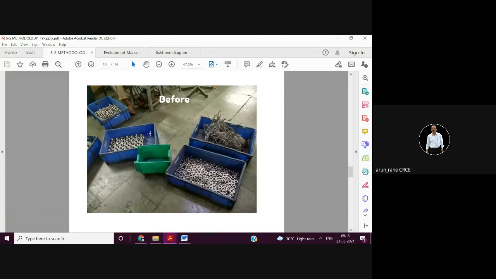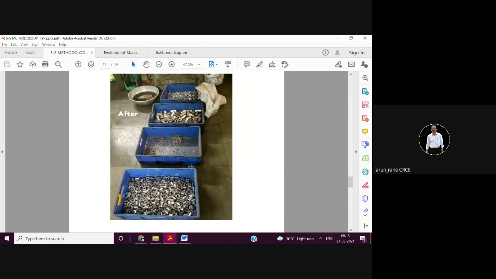See, these are the photographs, or this is the situation, or this is the environment before implementing the 5S, and after implementing it looks like this. So it is a mindset, like a pen. Suppose you keep pens and pencils on a table haphazardly, it looks bad.